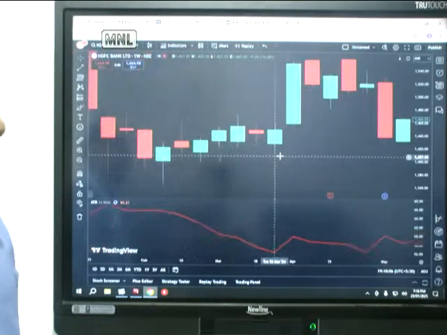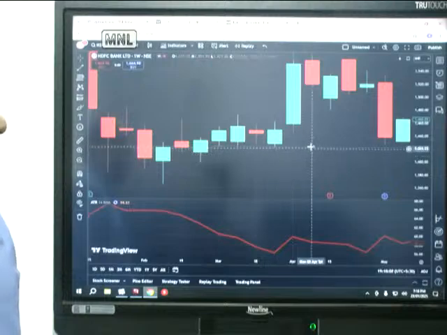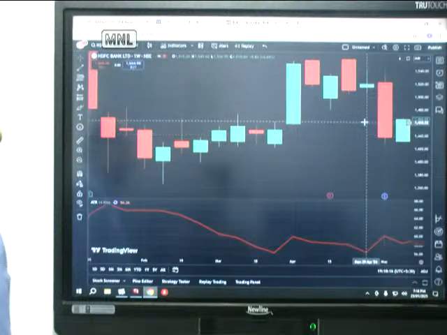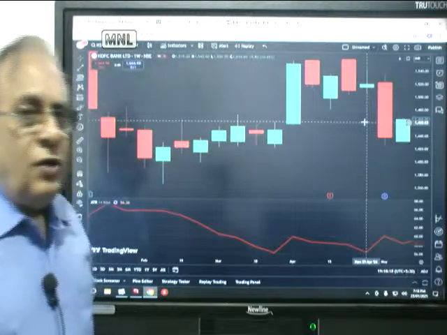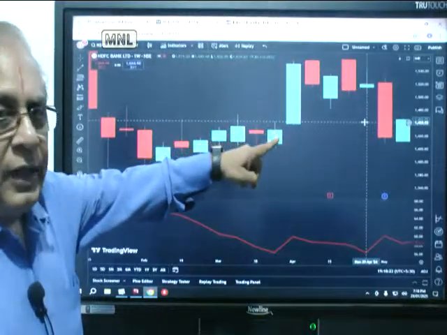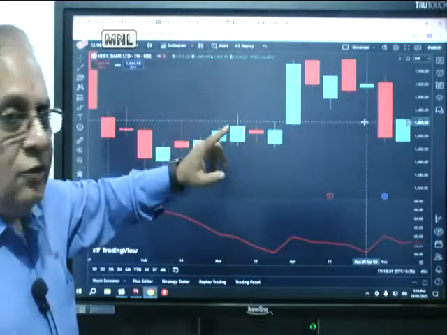Then let's look at this. We go here, and here we see this. If there is a close, or if there is a break below this, then in that case it gives a confirmation on two patterns. One is this inside bar, we have already discussed about it.